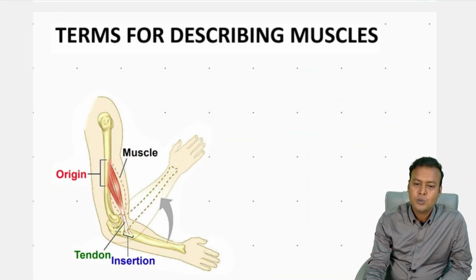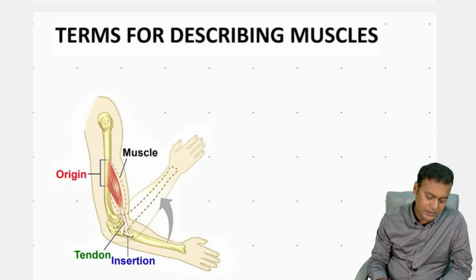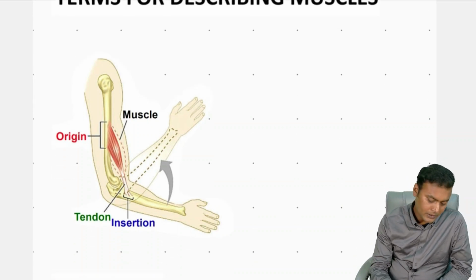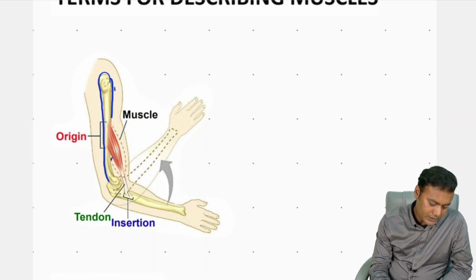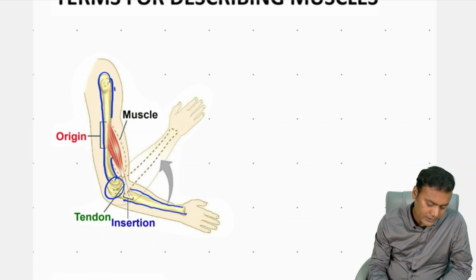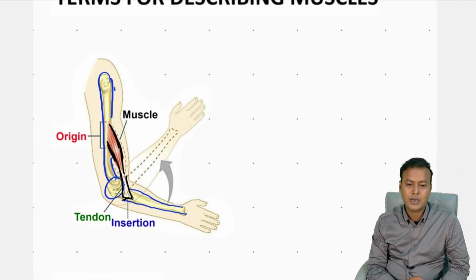Now moving to the terms for describing muscle. Students, you can see here an image of the upper limb. The bone you can identify here is the humerus. Here you have the elbow joint, and in the forearm you have the radius and ulna. You can see a muscle coming from the humerus and getting attached onto the ulna.